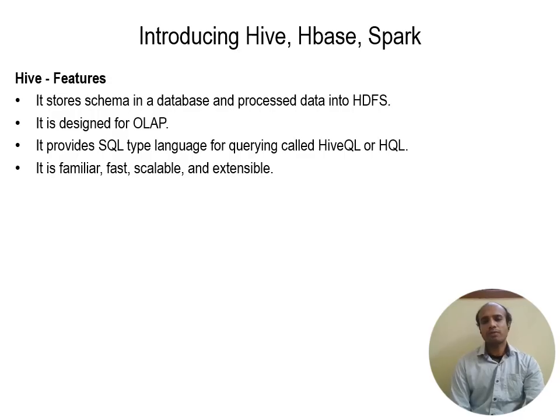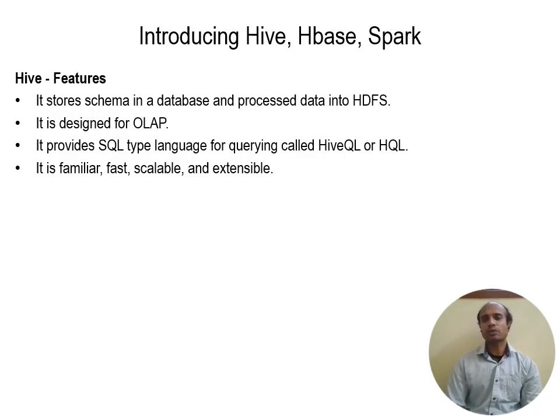So with that said about Hive, let us see some of the features of Hive. One, it stores schema in a database and processes data in the Hadoop distributed file system. It is designed for OLAP.